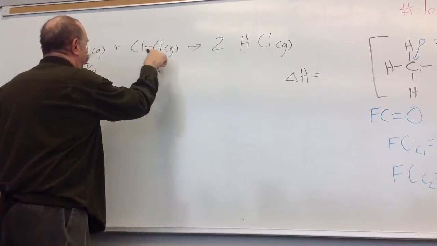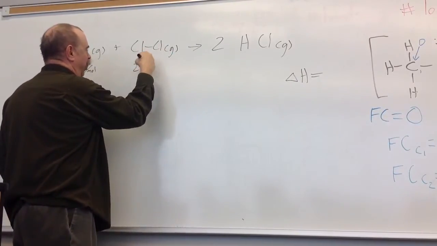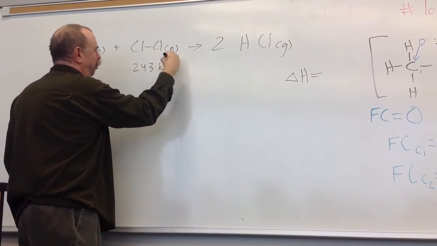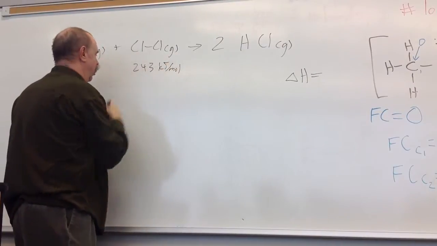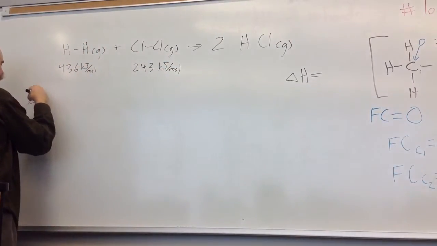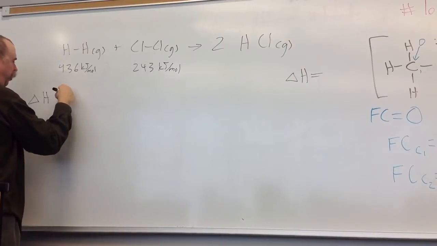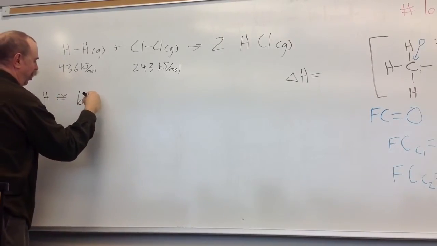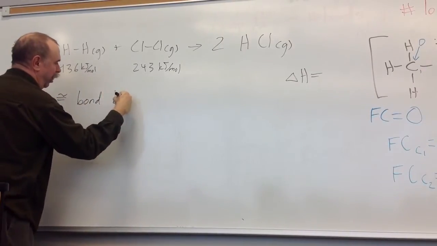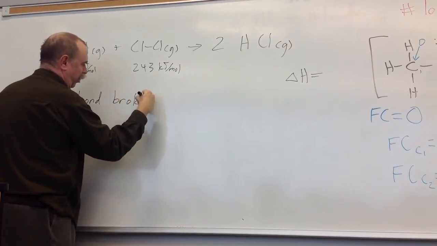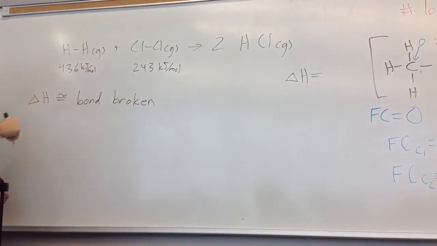To break the 2 chlorines apart would take 243 kilojoules per mole. What we're going to say is delta H equals approximately bonds broken. Wouldn't that be the sum of those 2 numbers?